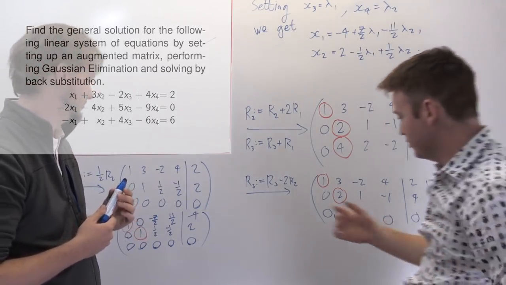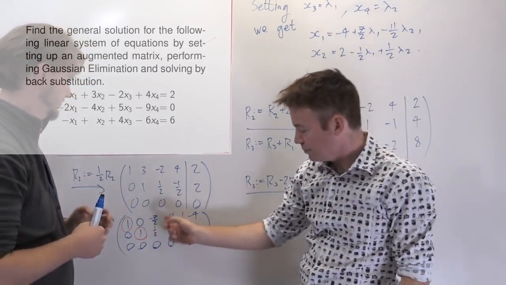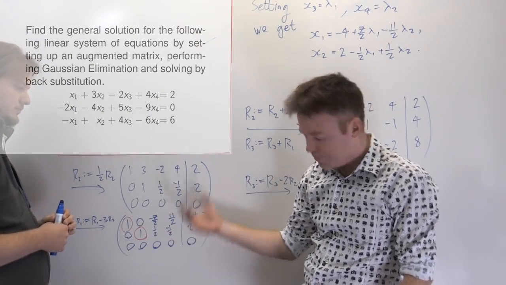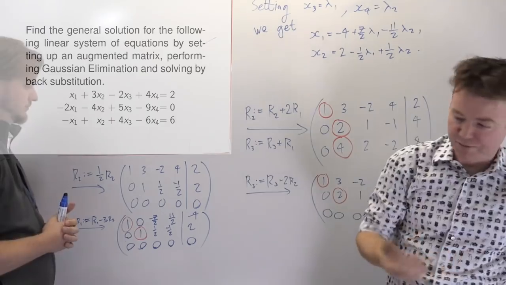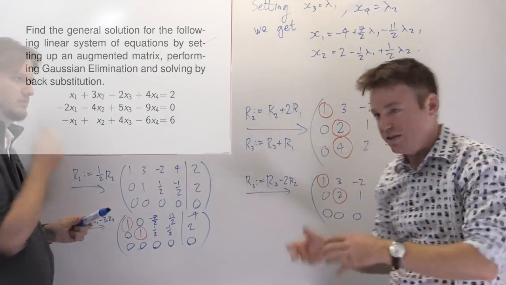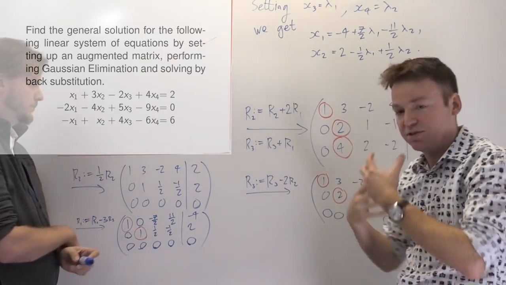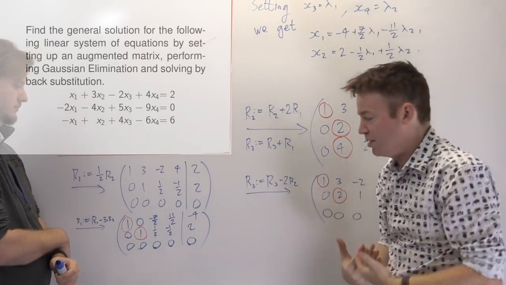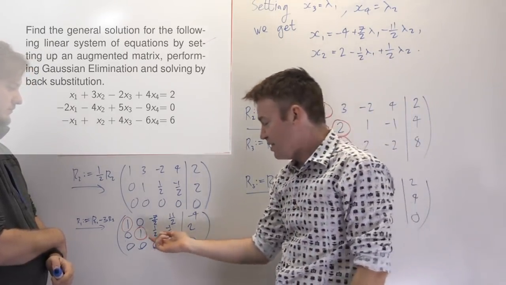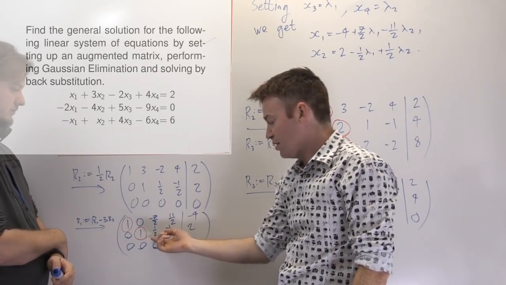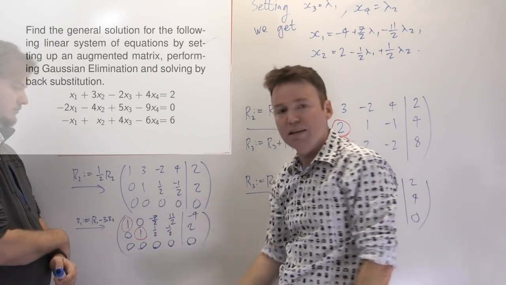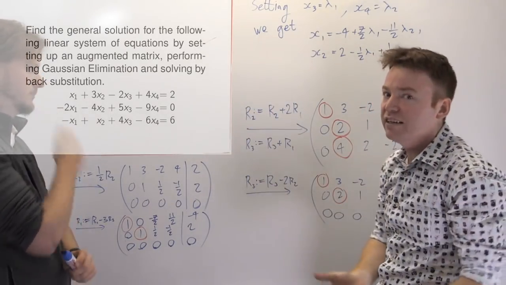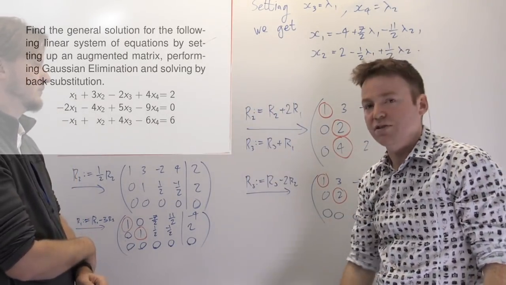I just want to point out that these non-leading columns here, when you've got reduced row echelon form, what you've done is taken the system of linear equations and simplified it as much as it can possibly be simplified. But even still, x2 depends on x3 and x4, and x1 depends on x3 and x4. So what's really happening here is x3 and x4 are free to do whatever they like, and x1 and x2 get determined from them.